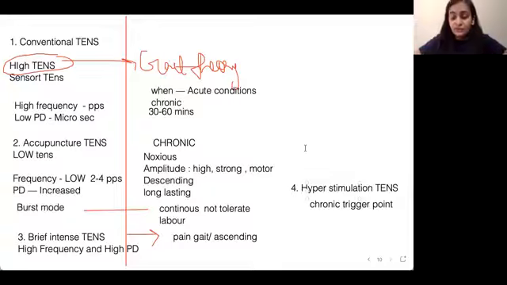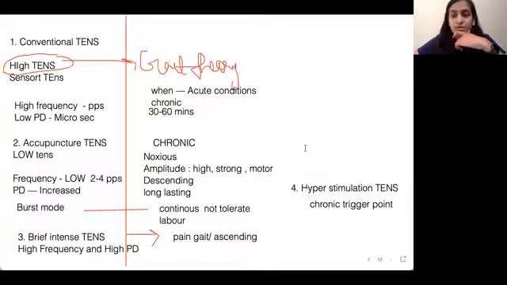But let's say I tell it in a different way. You have given electrical stimulation to a patient, and the intensity is fine, not too high, but still the patient is feeling the current too strong.